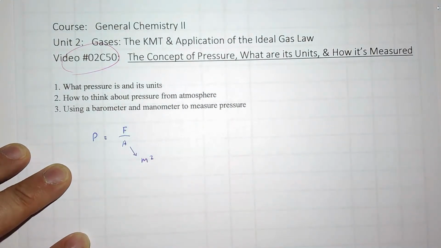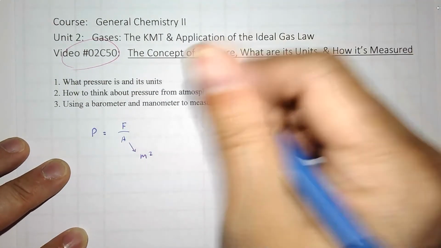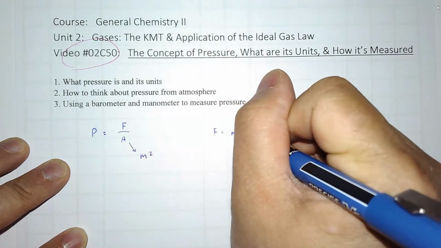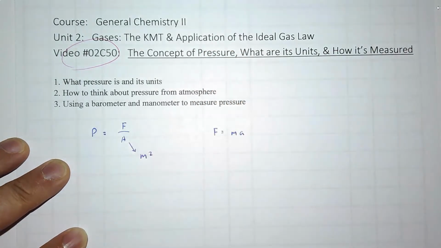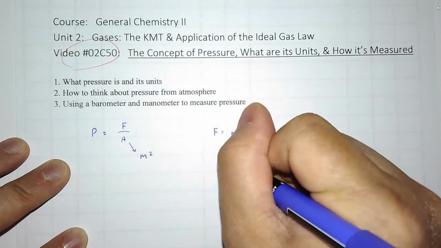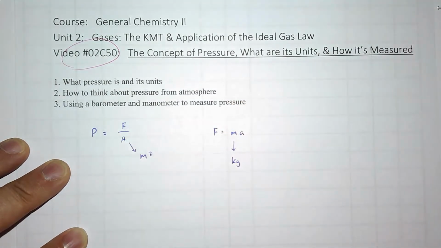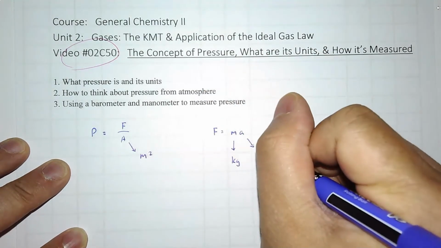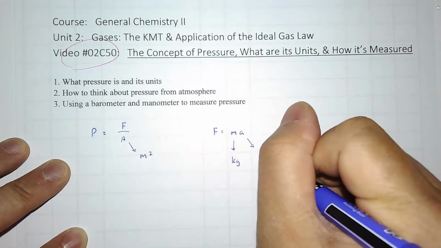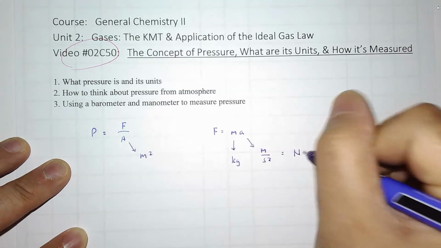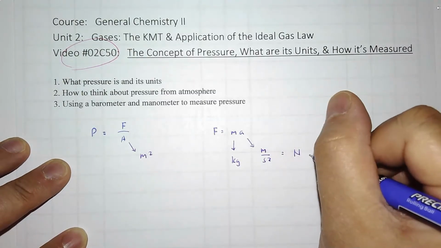Let's look at another equation that you may be familiar with from physics. Force equals mass times acceleration. Now, this mass is in kilograms, and acceleration has a unit of meters per second squared, and that is equal to a Newton. And the symbol for Newton is big N.